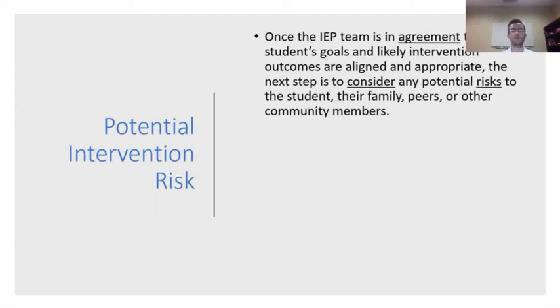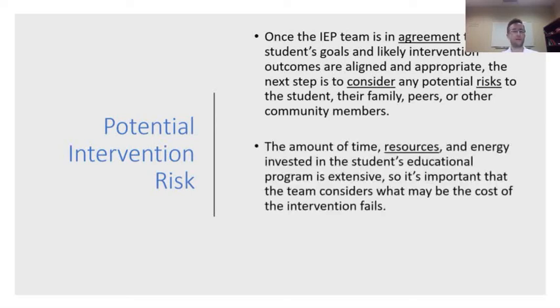The family might not be involved in interventions implemented at school, but they still may be affected. The amount of time, resources, and energy invested in the student's educational program is extensive. So it's really important that the team considers what may be the cost if the intervention fails.